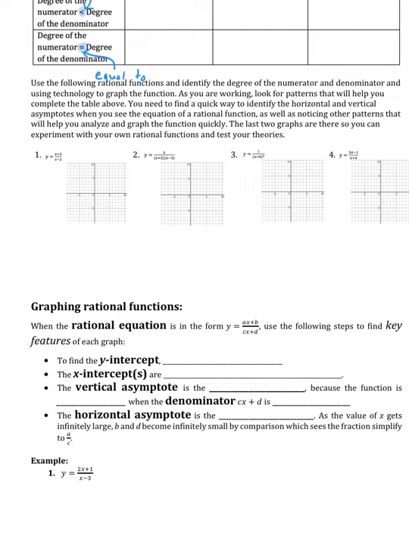Using Desmos or a graphing calculator is not going to tell you the degrees, so you need to do that by hand. Then use technology to sketch a graph, and see if you can properly draw the dashed lines of the asymptotes where you think they're going to be.